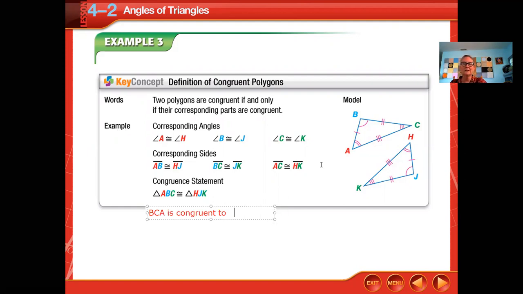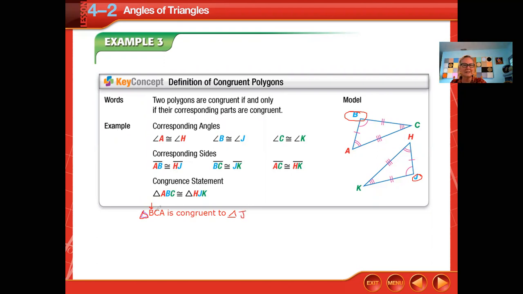Now, the way you know what it's congruent to is by saying, okay, so if I put B first, let me go ahead and draw the triangle symbol right now. So triangle BCA, oops, different color. Triangle BCA. Okay, B is first here, and B is blue. So J has to be first in the next triangle. Triangle J.